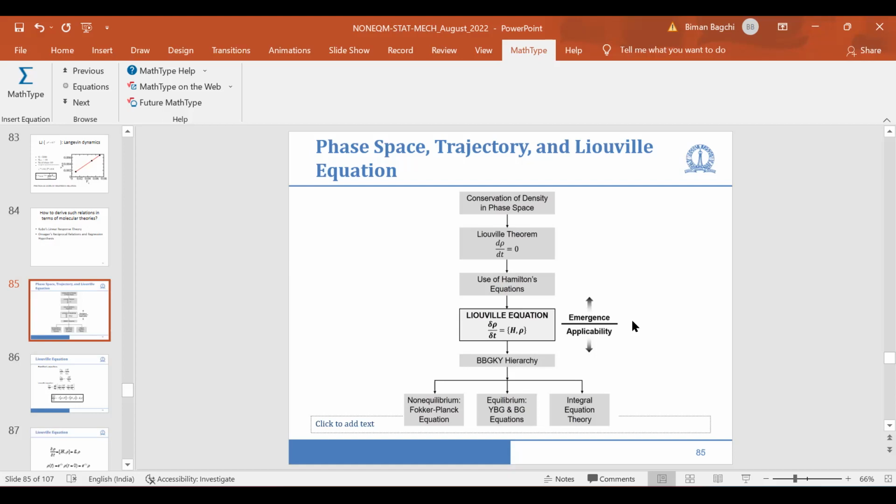There is a beautiful thing here at the level of time dependence. There is so much correlation, so much connectivity across non-equilibrium stat mech. That connectivity is not really taught because it's probably difficult, but everything is connected here.